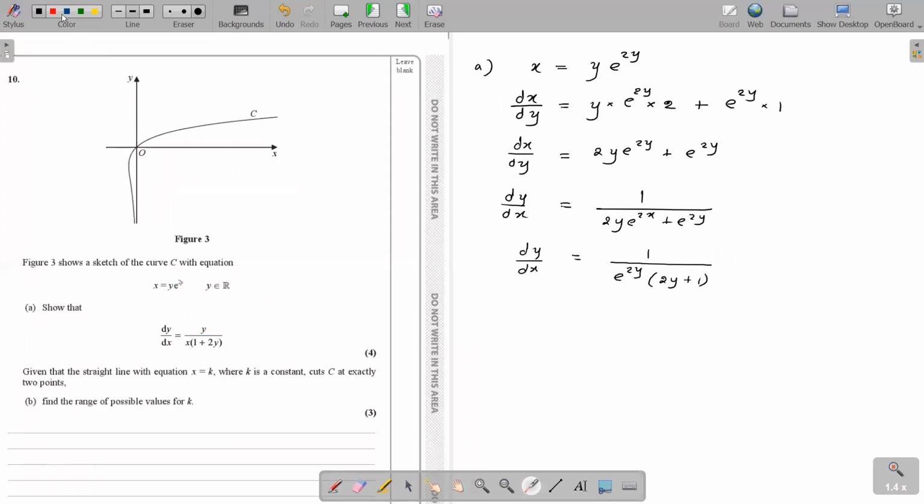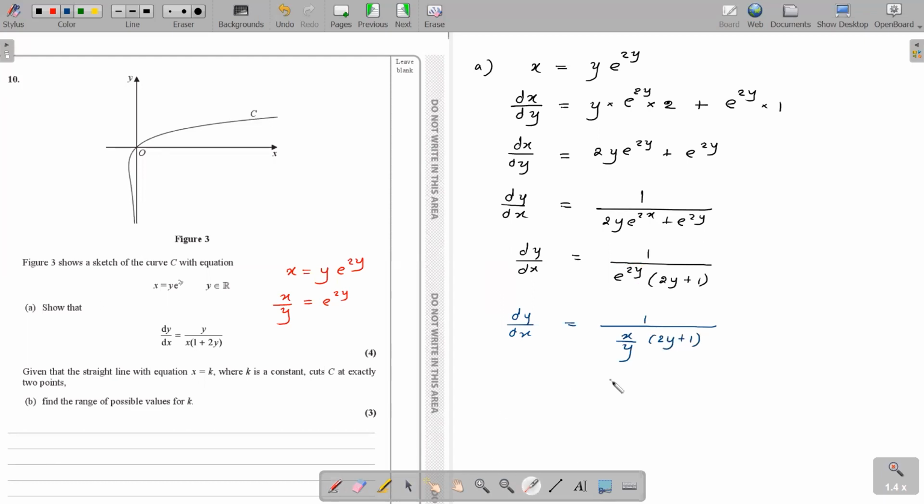From the first one, they have given x equals y times e to the power 2y, right? So e to the power 2y can be made the subject here, which gives you x over y. So replace the e to the power 2y with x over y. One over e to the power 2y is y over x, times 2y plus 1.